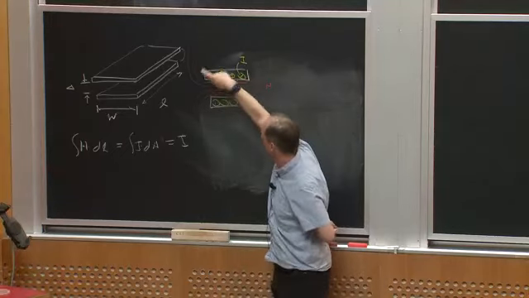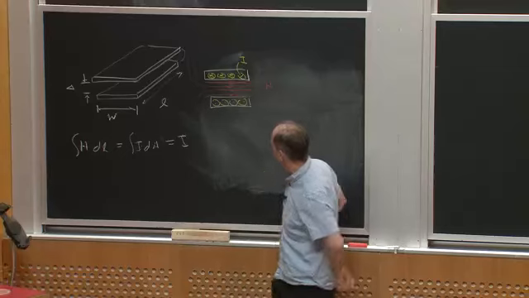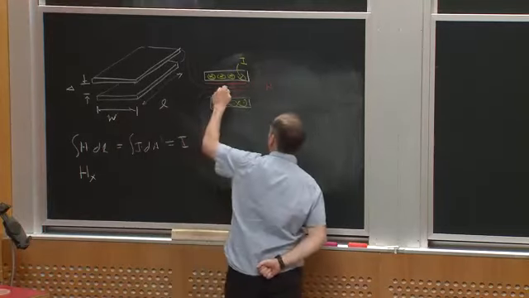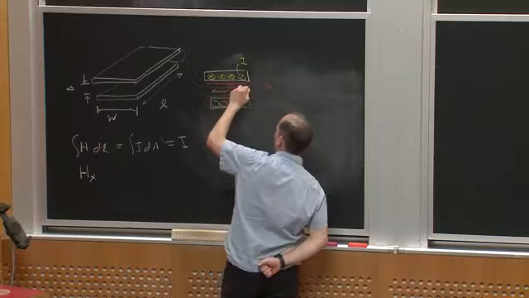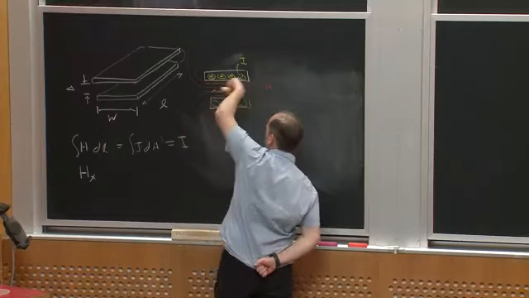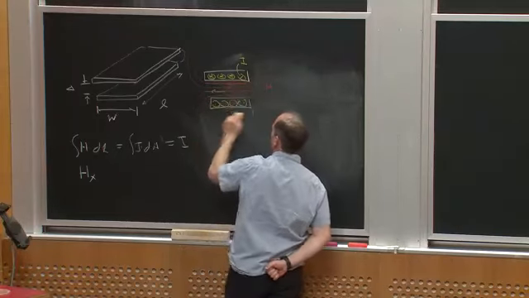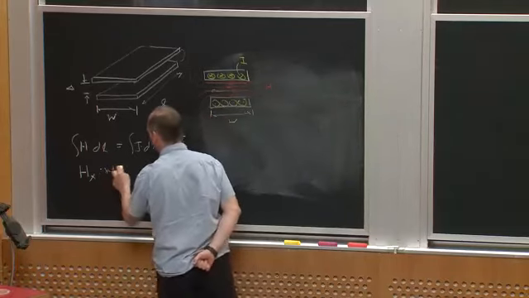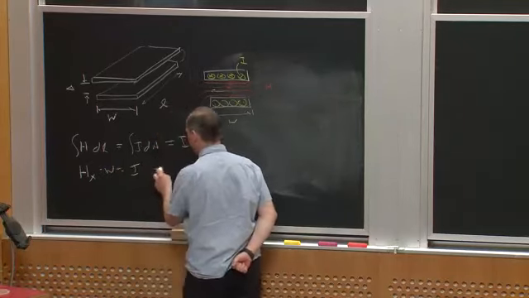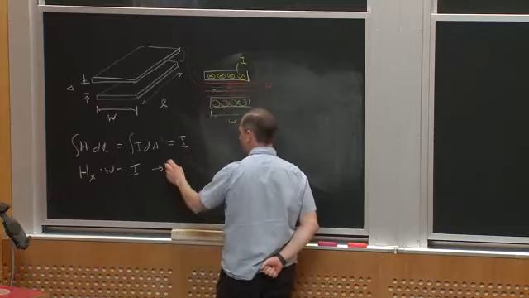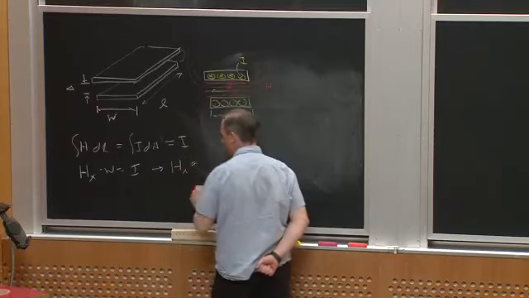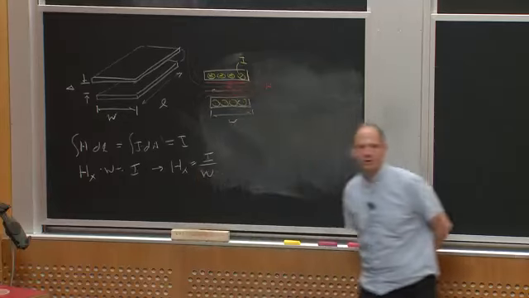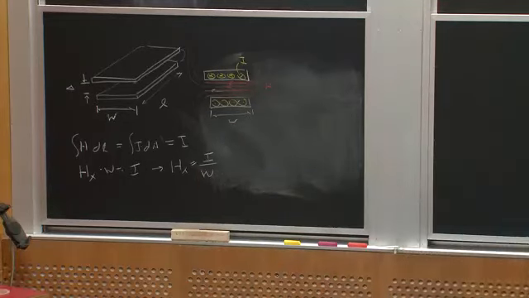So if I took this integral around this loop, I might say the integral of H dot dl is just H sub x, let me call this the x direction, the H inside between here, times the width of the winding, is equal to I. Or equivalently, I could approximate this H field as H sub x equals I over W. All right? Has the right units, amperes per meter.